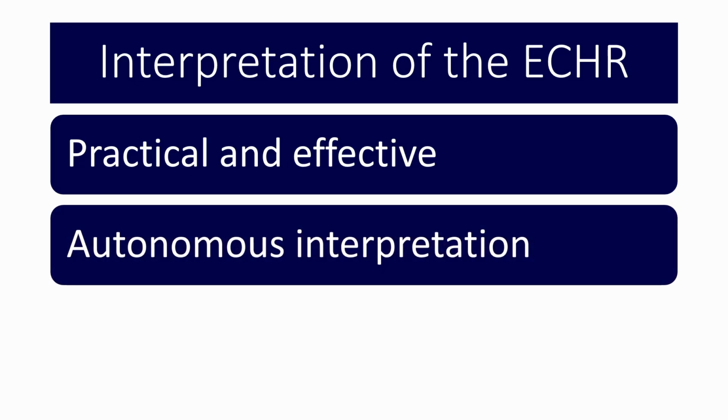Another important idea is that of the autonomous interpretation of the Convention. It means that the European Court of Human Rights does not consider itself bound by the interpretation of legal terms or notions by domestic courts. For example, Article 6 ECHR grants certain rights to persons faced with a criminal charge.